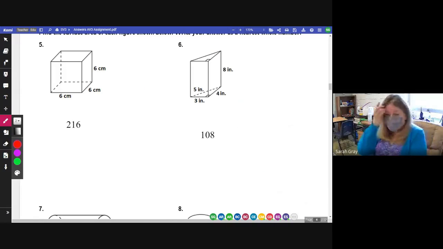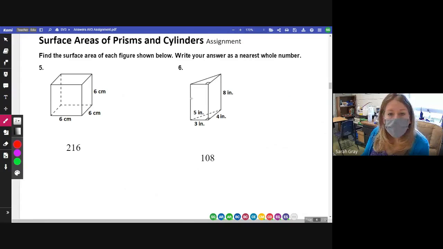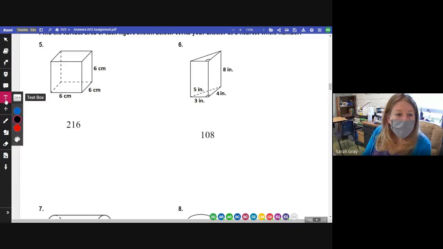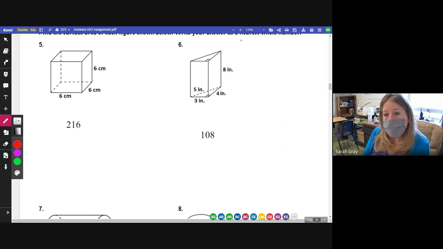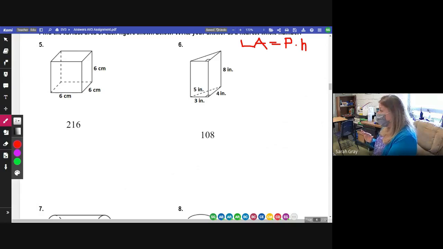Okay, 6 on page 4, this triangular prism looking one. We are finding surface area. So first do the lateral area. It's perimeter times height, because this one is not coming to a point.